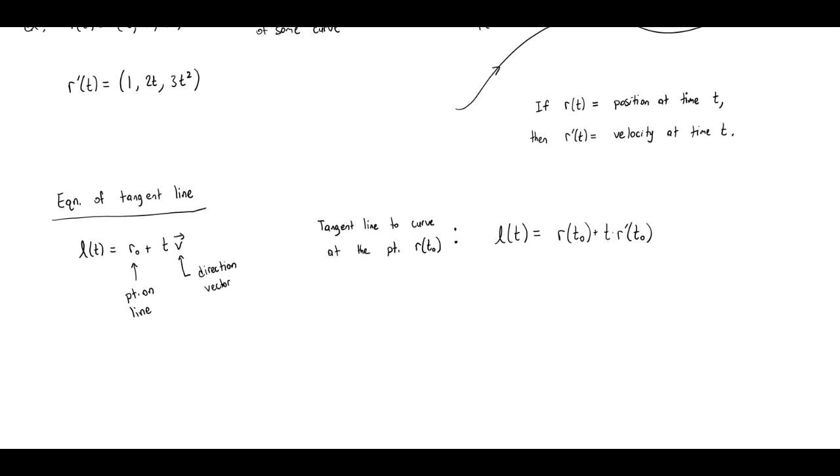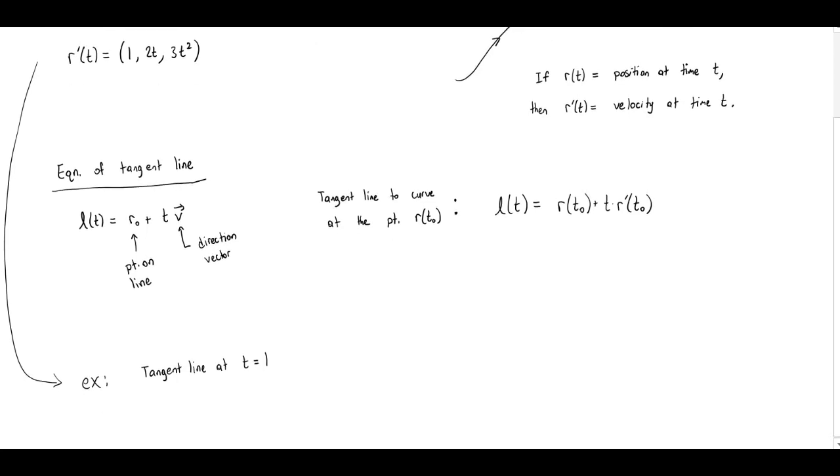So then just continuing with my example. If we want to find the equation of the tangent line at the time t equals 1, then we're going to need two things.